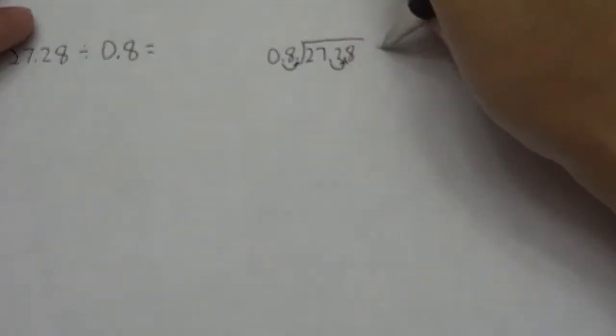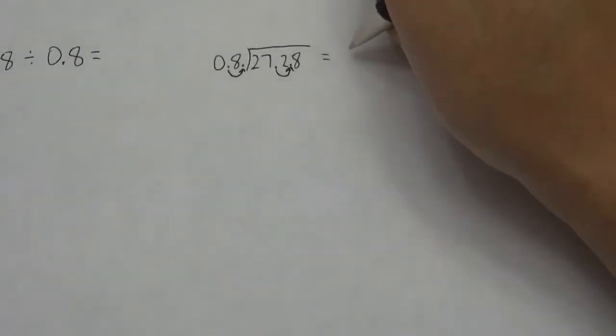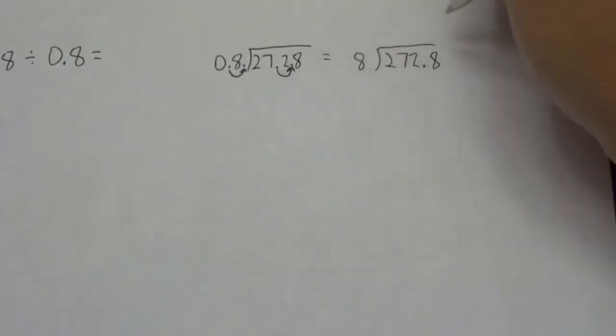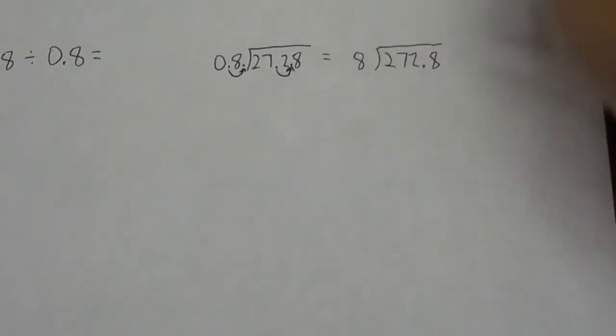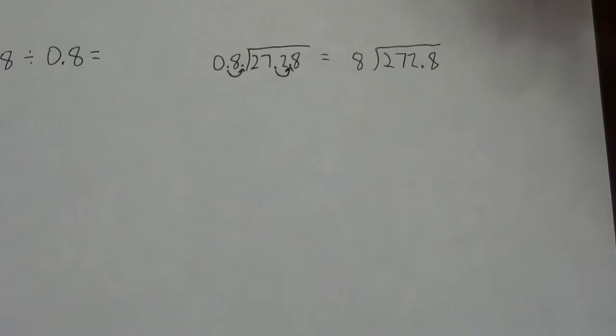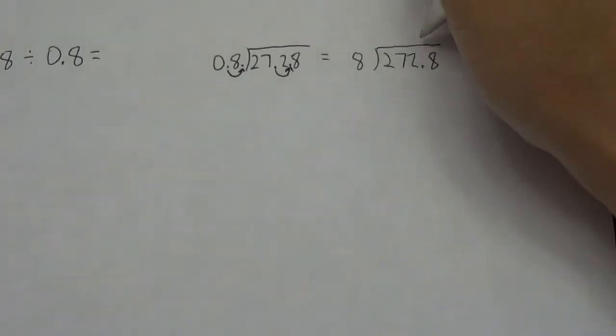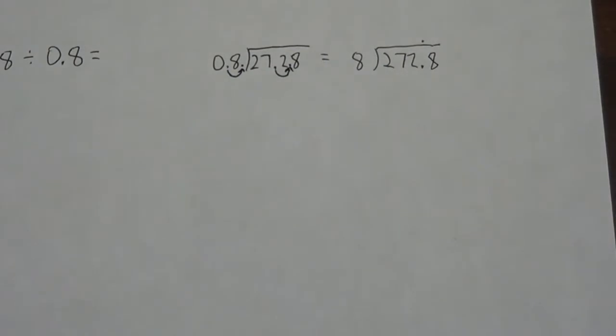So my new problem becomes 272.8 divided by 8. Okay, now I still have a decimal in this problem, but it's in the dividend, and that doesn't concern us because you saw in the previous problem that just means that my answer also has a decimal place right there.